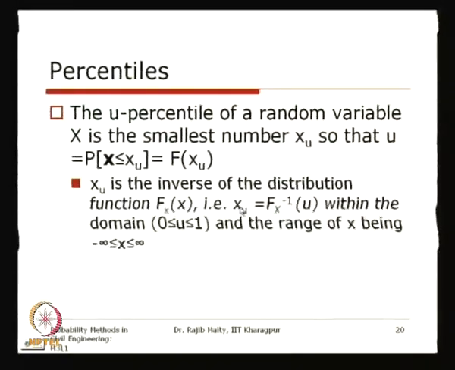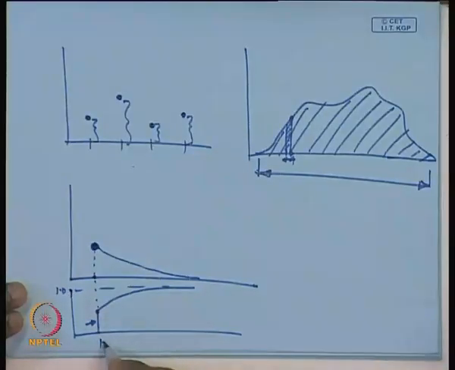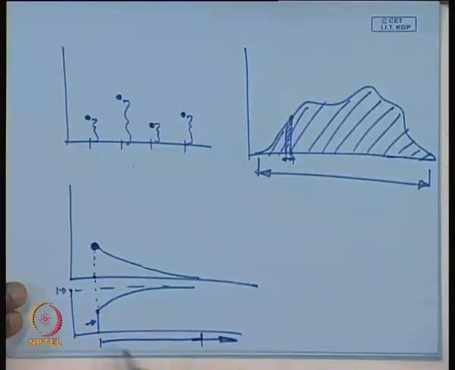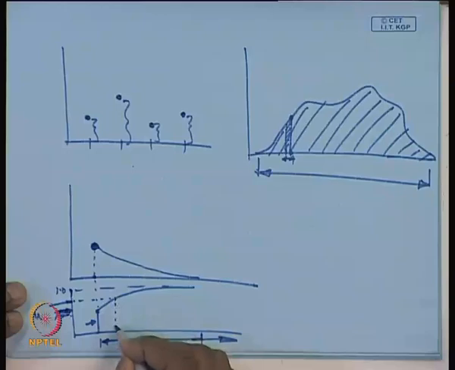Graphically, this is the feasible range of that particular variable, and suppose the curve goes on here. To calculate the percentile for some u, we go and see how much percentage is covered here.